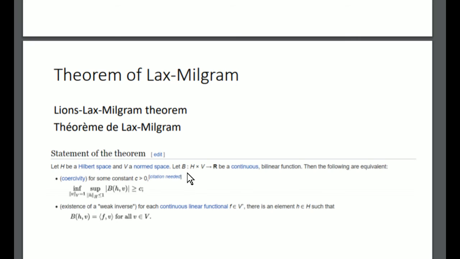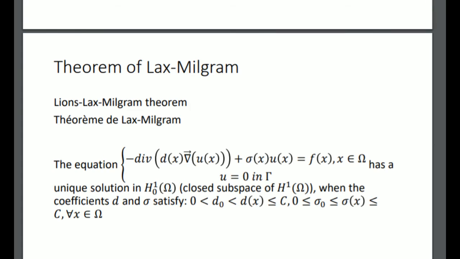And in particular for the case of neutronics, this equation has a unique solution in the closed subspace of the Sobolev space of omega when the coefficients d and omega satisfy these inequalities.